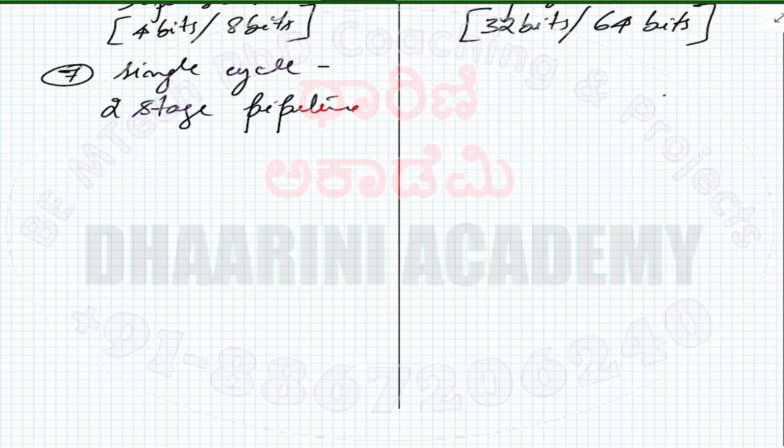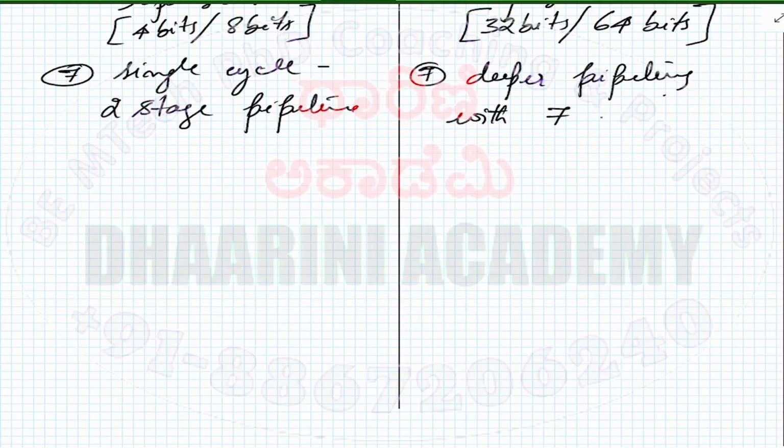Whereas in the microprocessor, the pipeline architecture will be 6 stages, 7 stages, 10 stages, and so on. We call it deeper pipelining, with 7 or more stages.